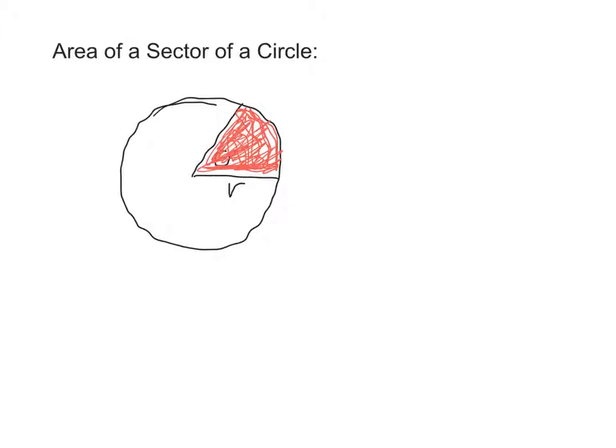So the area in this case of that sector is simply equal to 1/2 r squared theta. So it's 1/2 the radius squared times the angle theta. Now, remember, the angle theta must be in radians to use these formulas. It must be in radians. You cannot do this in degrees. So theta must be in radians, okay?